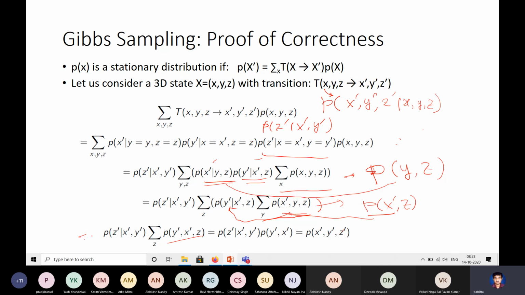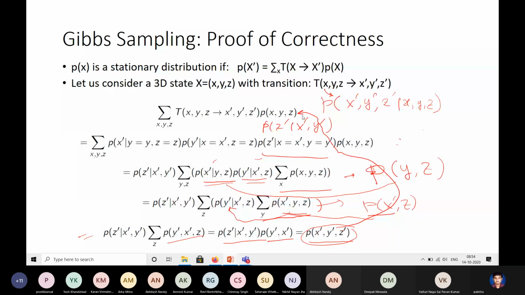So there is equal to here p(y', x', z), and summation over z, and this part is still there, and this is again a marginalization over z, so I get p(y', x'), and if I combine these two, I get p(x', y', z'). So you see, finally this is equal to what we started with.